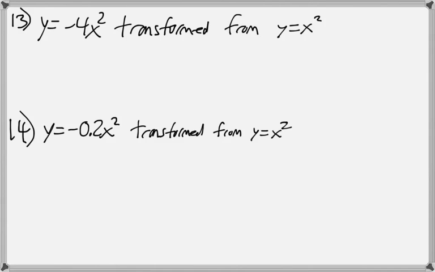Let's do 13 and 14. So there's actually two things going on with this one because we have the negative sign on the outside and you have the 4. So that's two different things. So the 4, that would be a vertical stretch of factor 4.